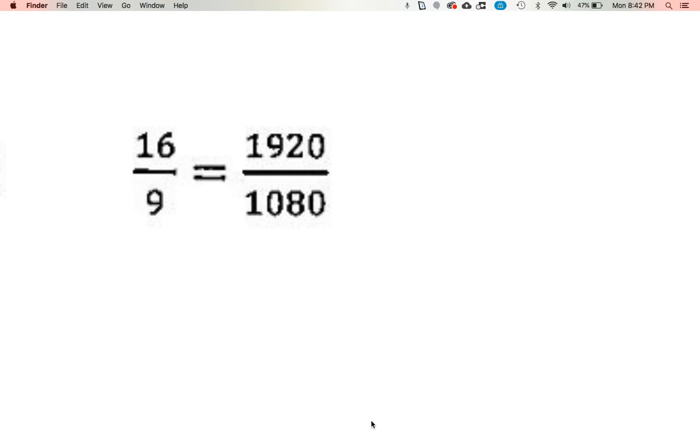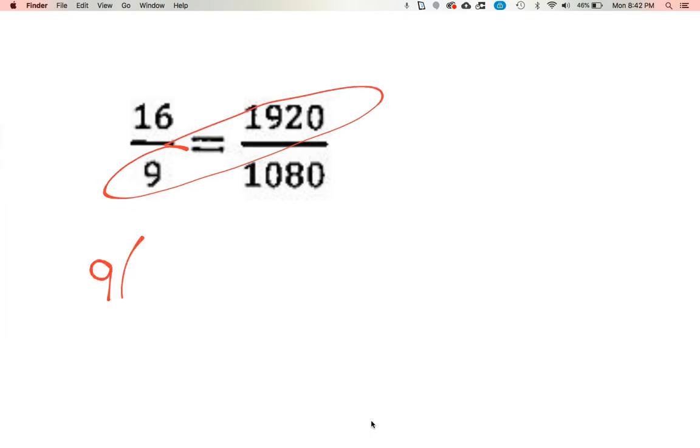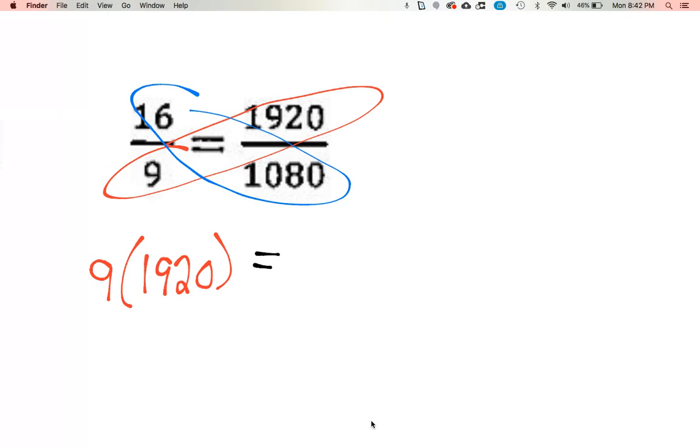So we can divide both of those out, or we can do our cross products. So on your calculator, you can do 16 divided by 9. And is that the same decimal as 1920 divided by 1080? Or we can do the cross products. 9 times 1920. 16 times 1080.